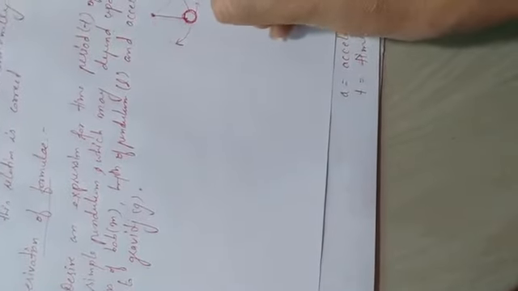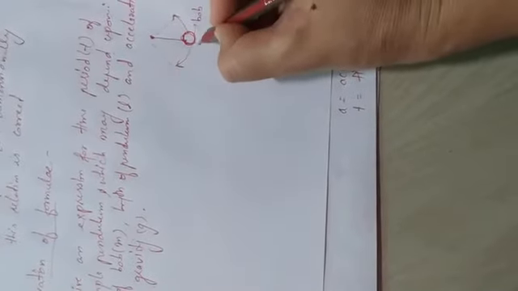Here the mass is given as M, the length of this pendulum is given as L, and acceleration due to gravity, which acts in the vertically downward direction, is G. The time period is the total time taken by this pendulum for one complete oscillation. We have to find out how this time period depends upon M, L and G.